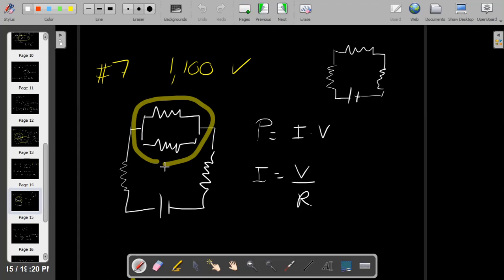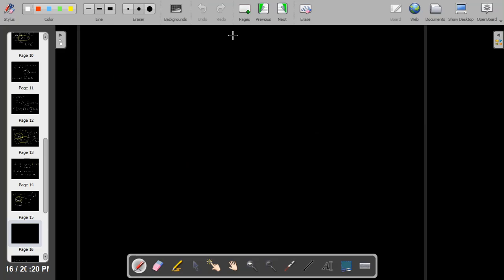So we just found that the resistance in this area is 250 ohms. Now you have a simple circuit, and you can find the resistance by adding them all up. Let's find the resistance total for the whole circuit.